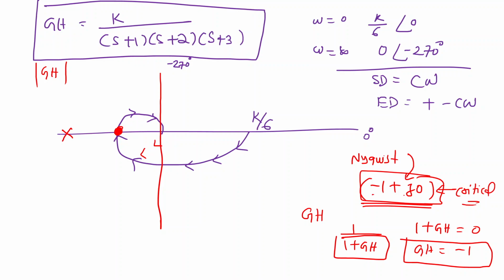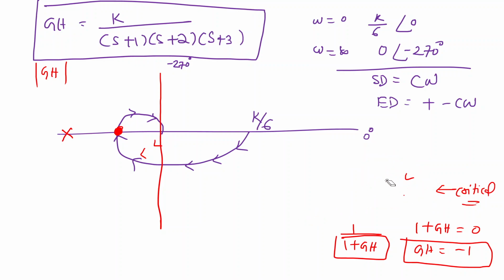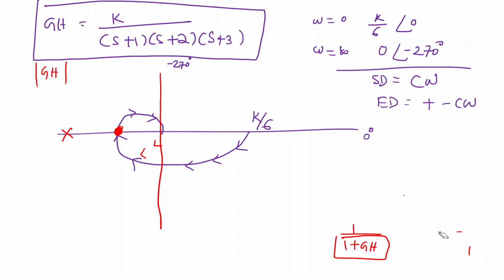In my previous classes I told you the shortcut, but if you don't remember, I'm saying it again. Whatever the transfer function given, you multiply all the terms in the denominator: s plus 1, s plus 2 and s plus 3.